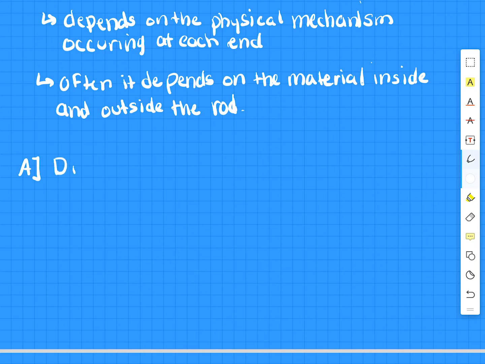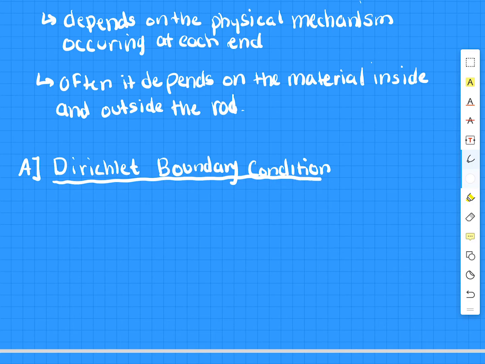The Dirichlet boundary condition. And so what we mean by a system having a Dirichlet boundary condition is essentially that one end of the rod is in contact with some sort of constant temperature external factor.